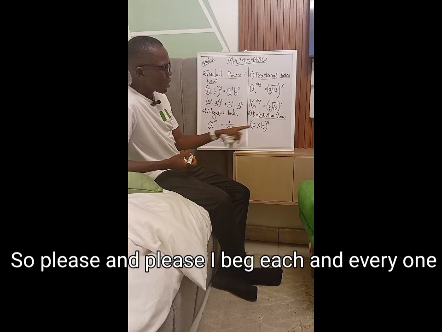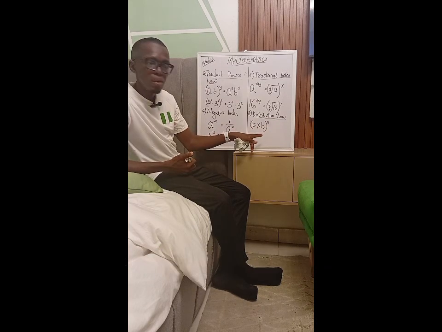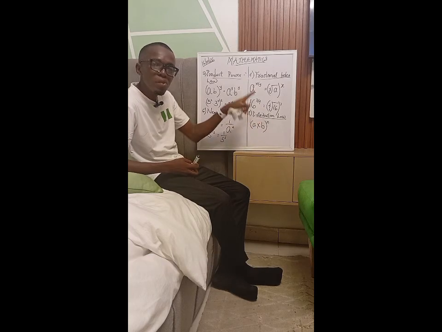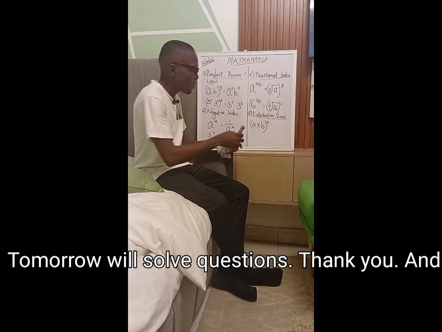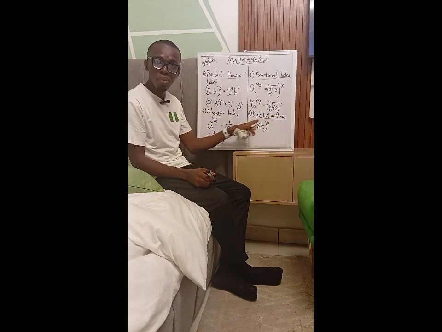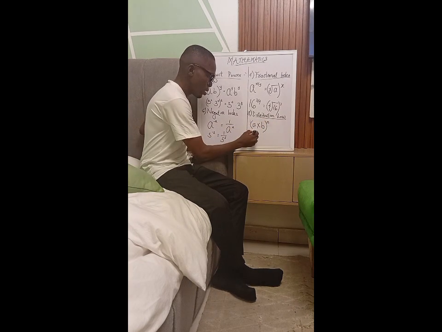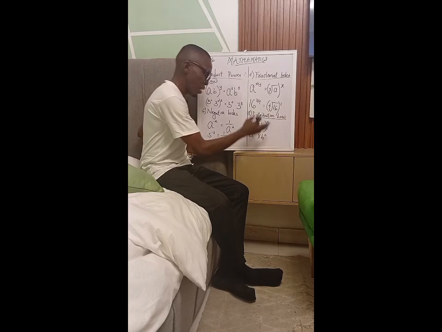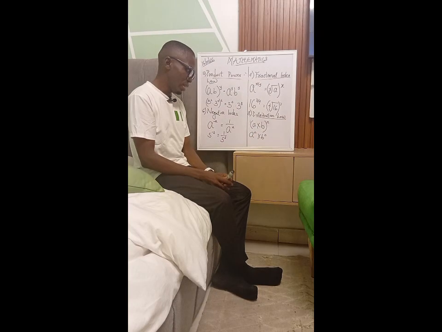If you look at this, their bases are different, right? So because their bases are different, what happens? Each of them takes the same power that is outside the bracket, because the power outside the bracket affects all of the terms inside, which will now mean that this will become A to the power of n multiplied by B to the power of n. It's as simple as that.